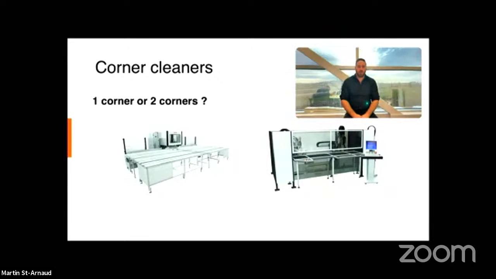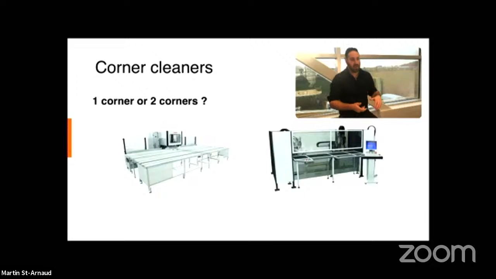But for most fabricators, twin heads are 2-axis corner cleaners, while a single head corner cleaner is going to be a 4-axis. This means that the 4-axis is going to be cleaning the top and bottom of the part simultaneously. And a twin head corner cleaner with 2 axes means you're going to be cleaning top and then bottom. So you're going to be looking at a longer cycle.